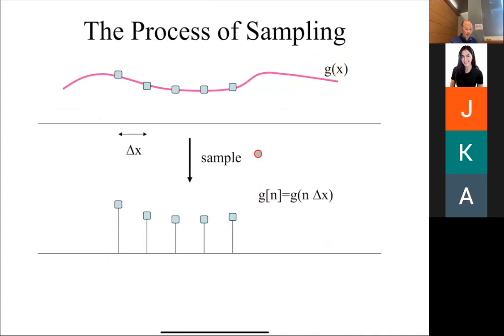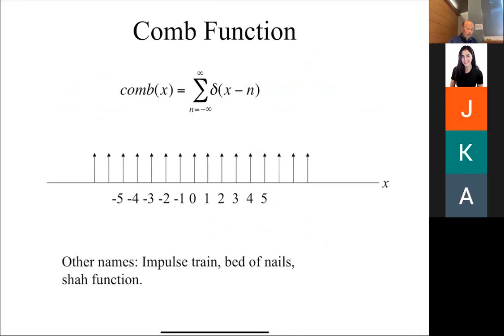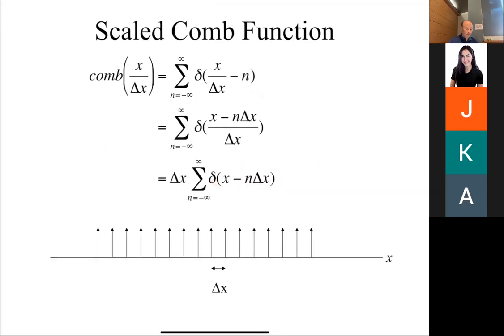Mathematically, we define sampling as multiplying by a comb function, which is what's called an impulse train, or a bed of nails, or a Shah function. We'll just call it the comb function because it looks like a comb. By default the spacing is 1, but of course we want a scaled comb function where the spacing might be delta x.